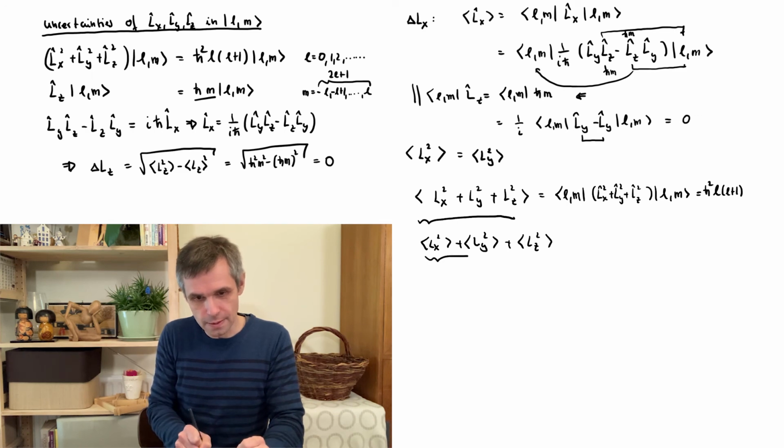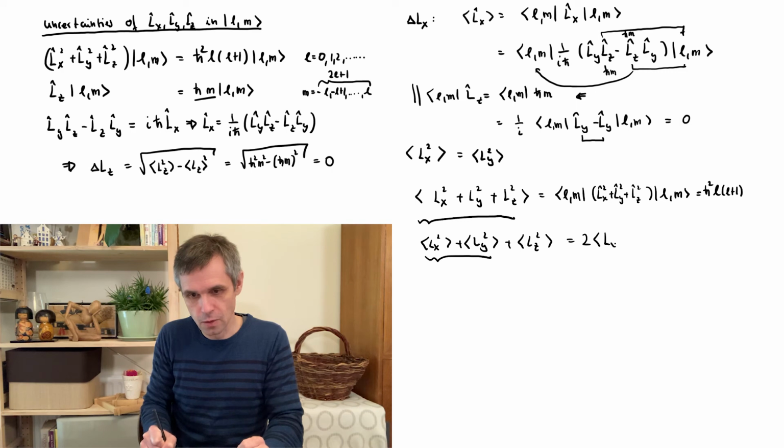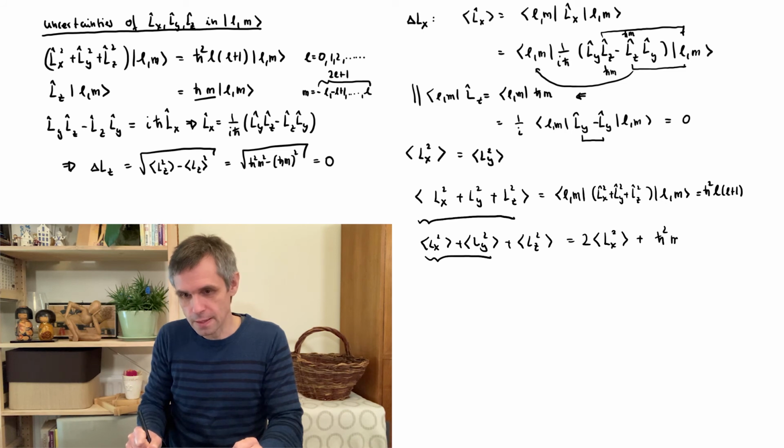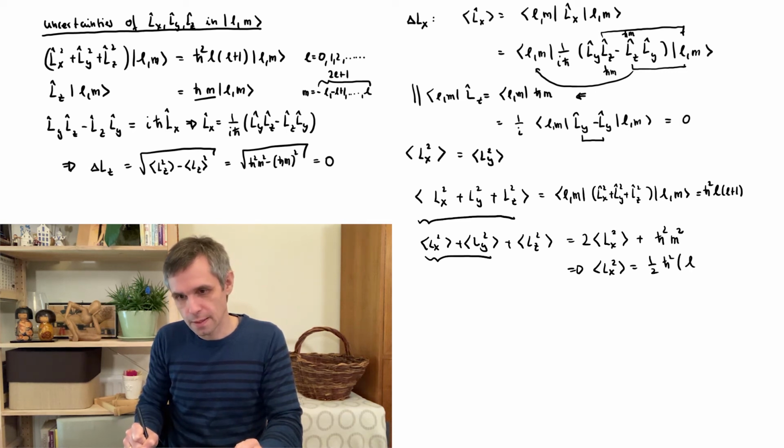And these two are now identical, so this gives us 2 times the expectation value of Lx squared plus the expectation value of Lz squared, which, as we just worked out, is h bar squared times m squared. And therefore the expectation value for Lx squared is just 1/2 h bar squared times l times l plus 1 minus m squared.